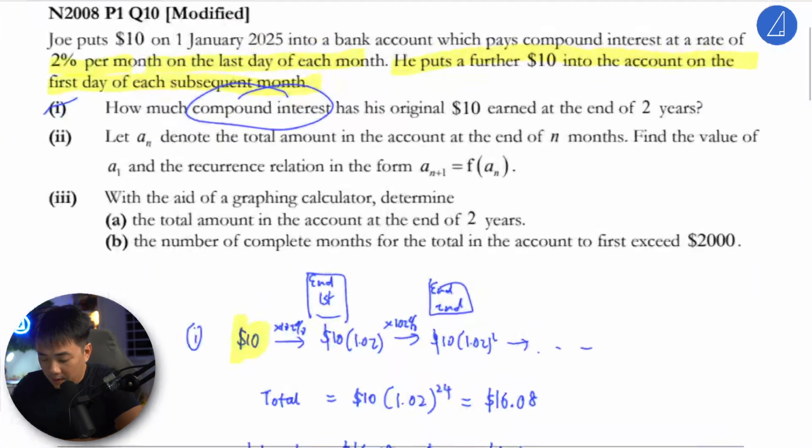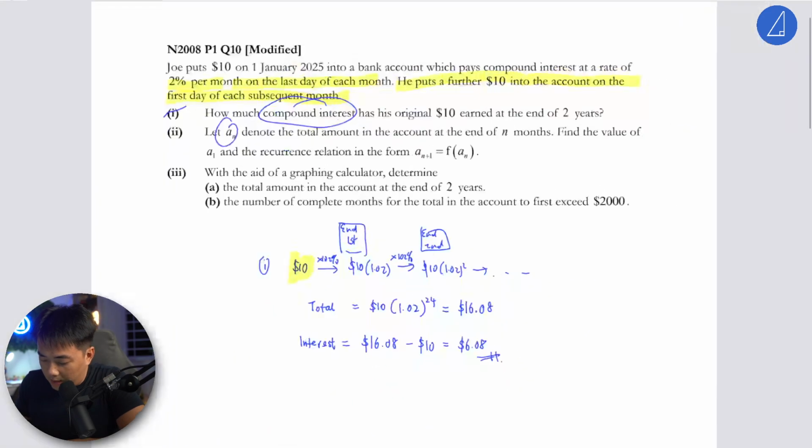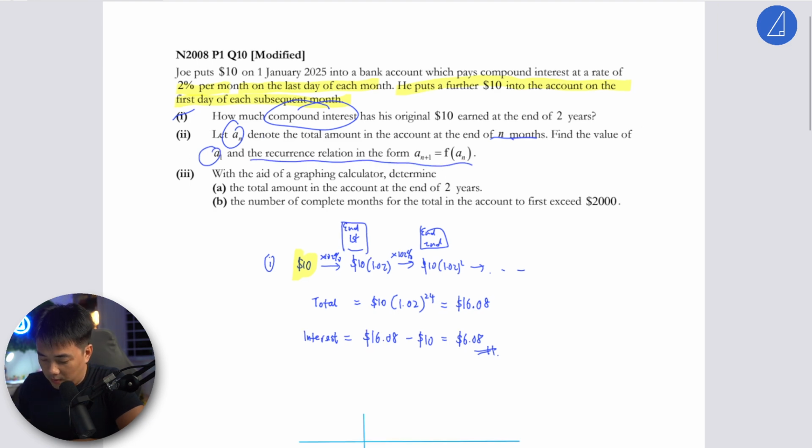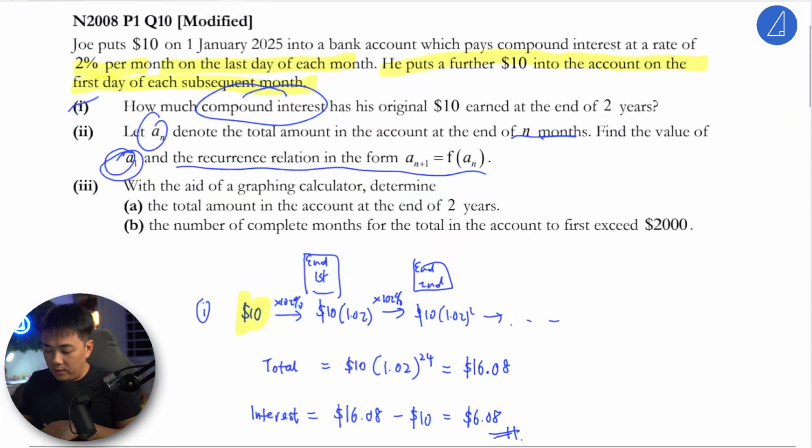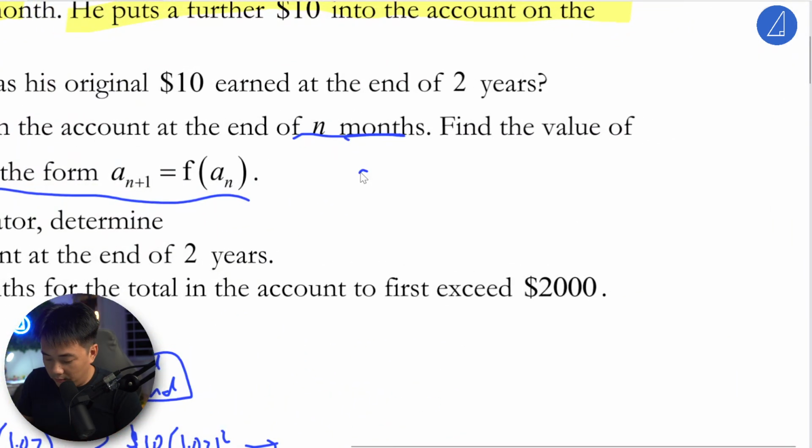Let's look at part 2. Now let A_n denote the total amount at the end of n months. Find the value of A1 and the recurrence relation in the form of A_(n+1) in terms of A_n. Remember, in a recurrence relation, if this is the current term, A_(n+1) is the next term, and if this is the current term, then that will be the previous term.